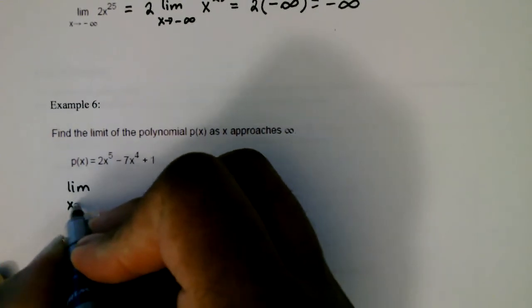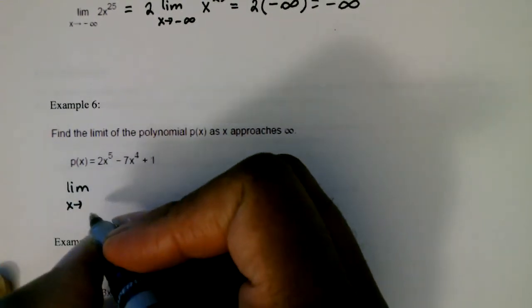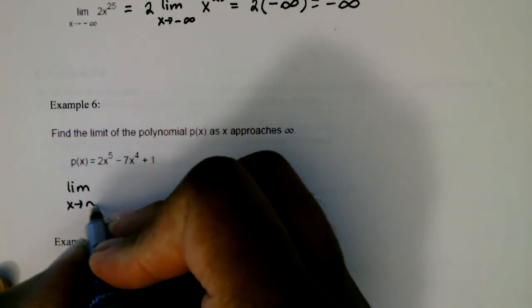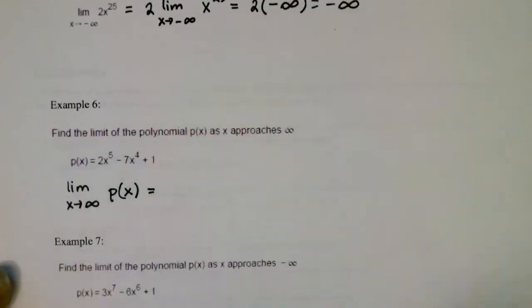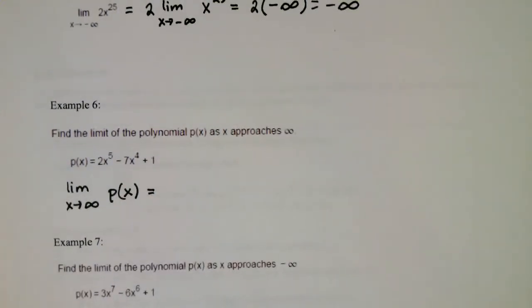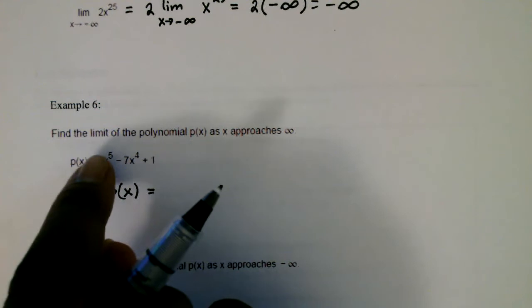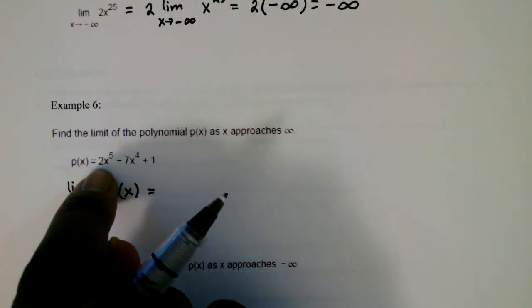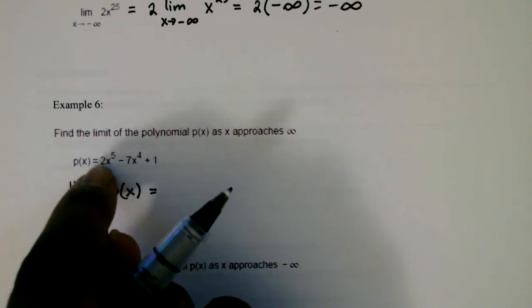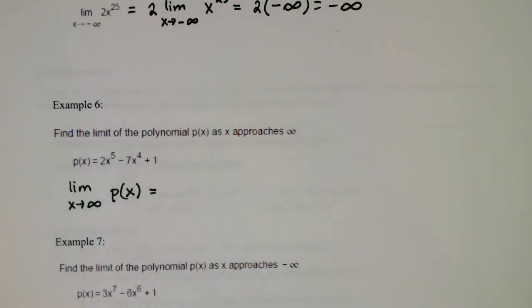Now with that, we only focus on the leading term when it's written in descending powers. Here, the leading term is 2x to the 5th, so I'm just going to focus on that.